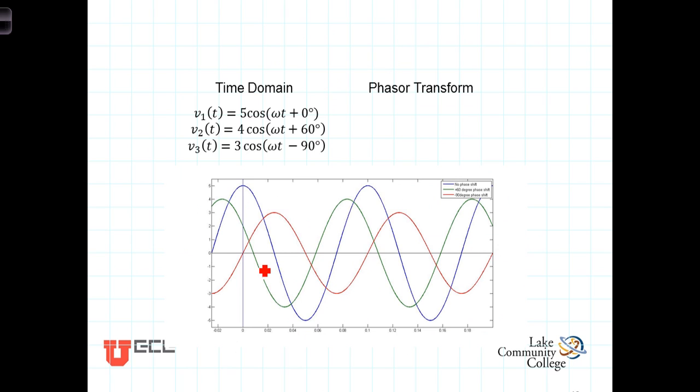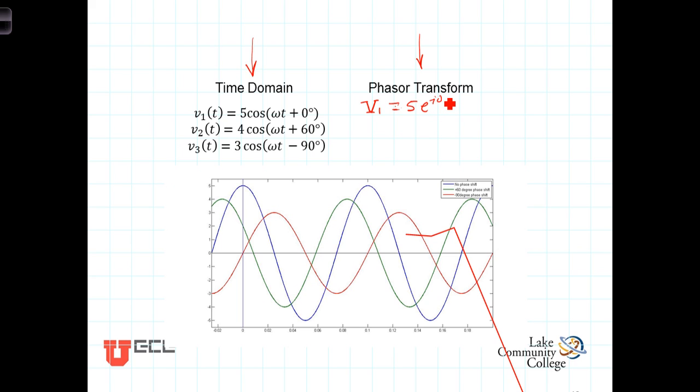Alrighty, let's just close up here by giving 3 examples. Here we have the time domain representations. And over here, let's go ahead and write the phasor transform, or the complex exponential way of representing these trigonometric functions. So on this first one, phasor v1 would be equal to 5e to the j0.